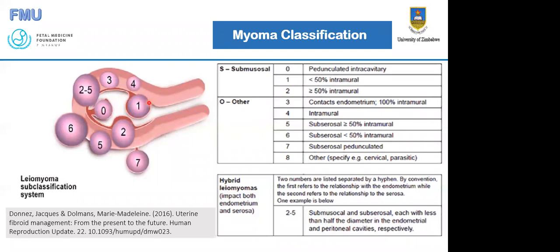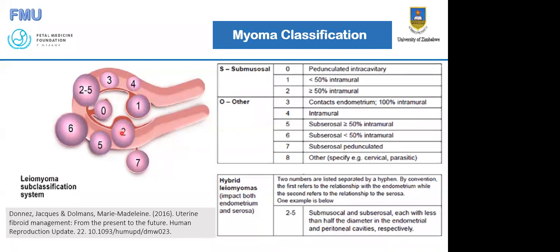So the class 1 under the submucosa, they indent less than 50% of themselves into the myometrium, intramural here, while the class 2 goes more than 50% intramural, that is into the myometrium. So in other words, class 1 is bulging more into the endometrial cavity than class 2.